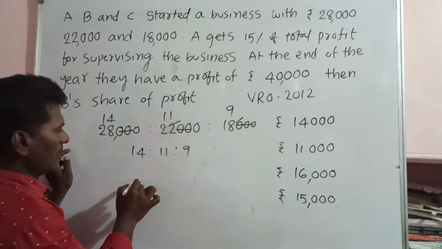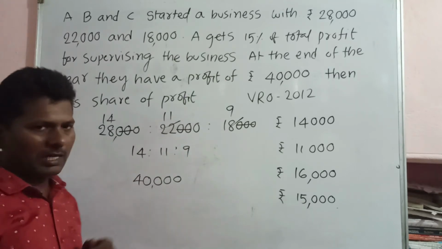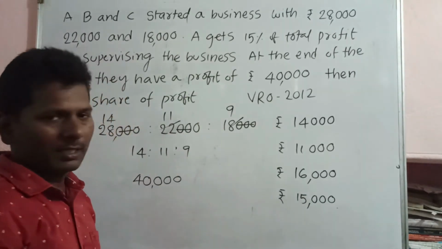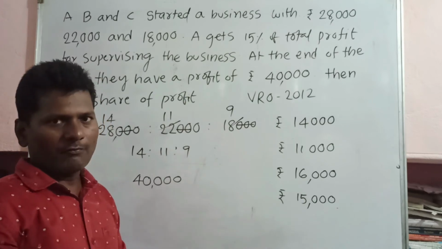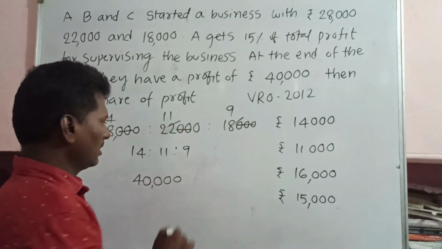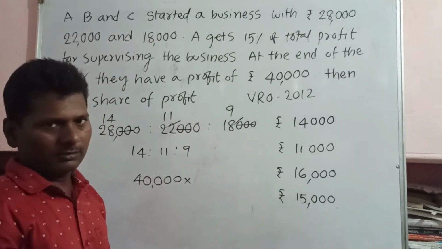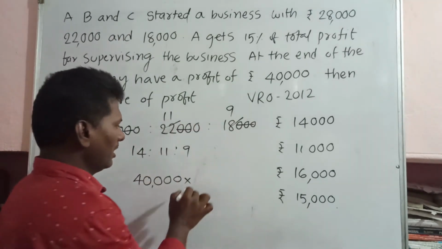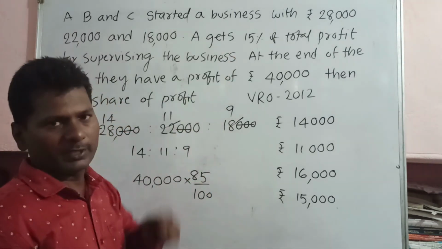Now here, total profit was 40,000. Out of this 40,000, 15% of profit should be given to A for supervising the business. So 15% was given to A. That means remaining profit is 85%, 100 minus 15%.